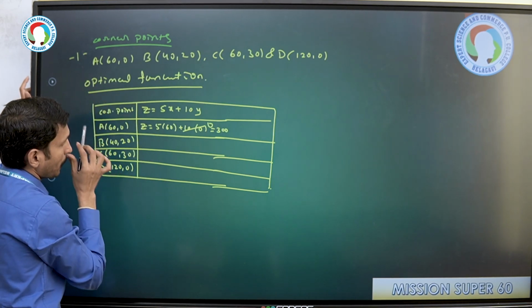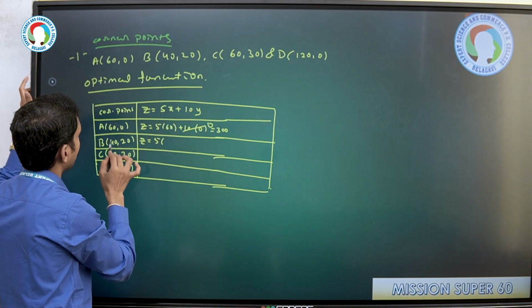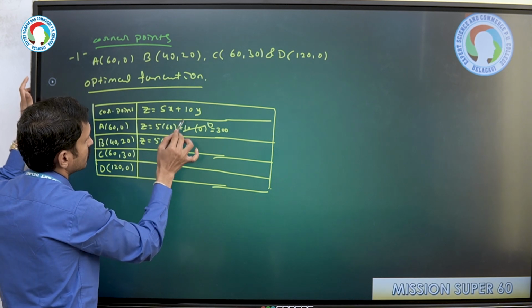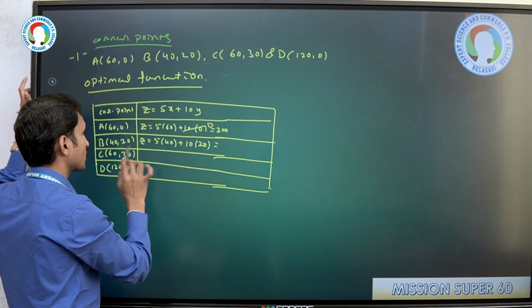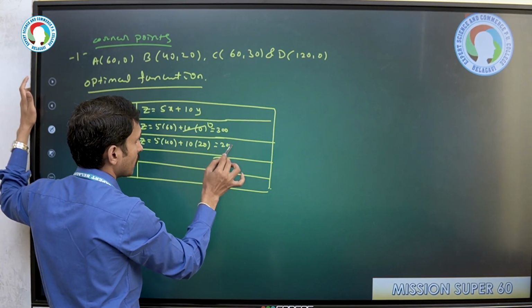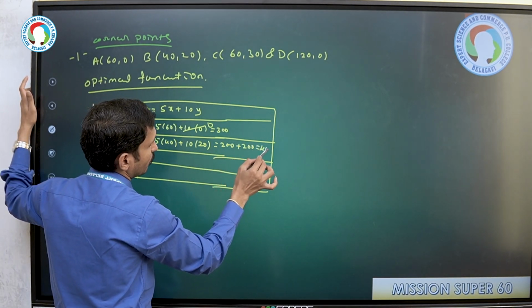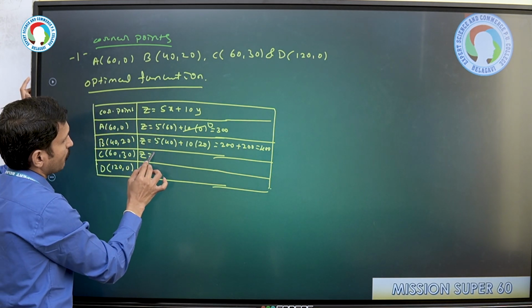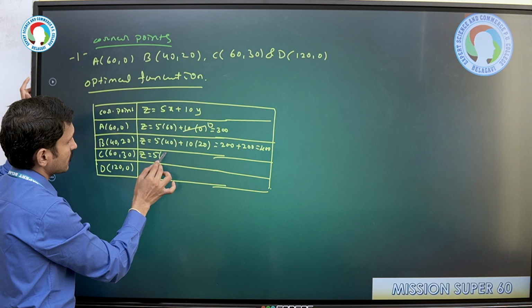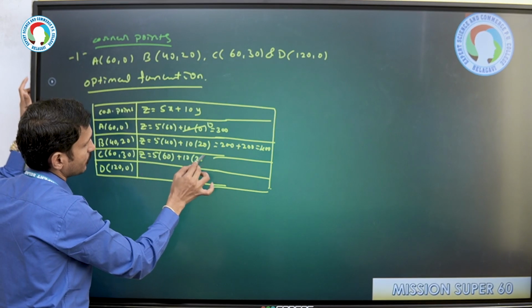Next, Z is equal to 5 into the x value 40 plus 10 into the y value 20. That is equal to 200 plus 200, that is equal to 400. Next, Z is equal to 5 into x is 60 plus 10 into y is 30.